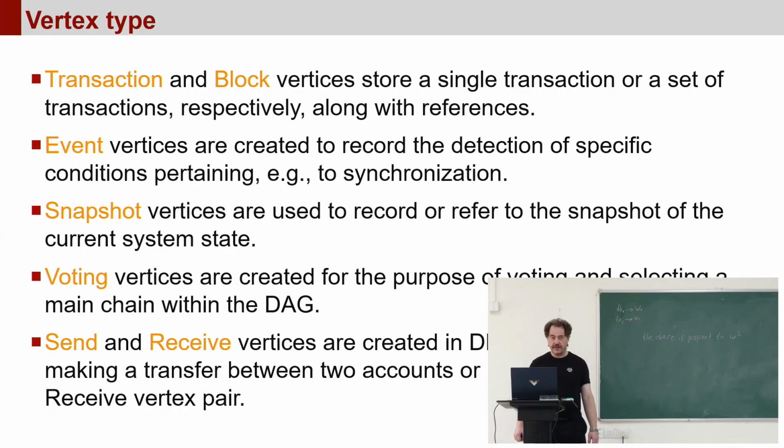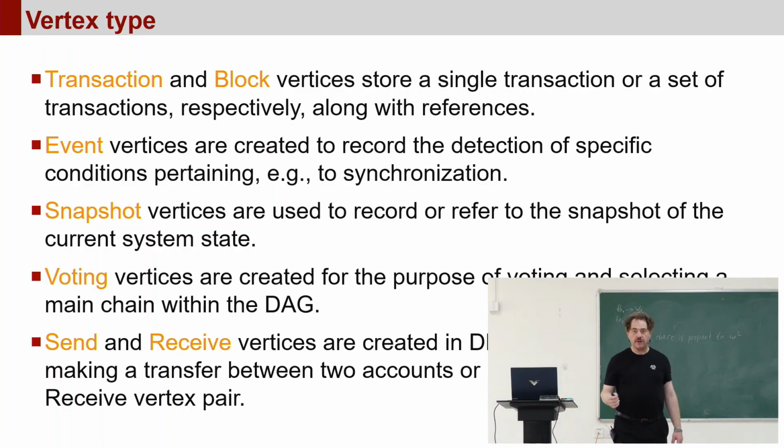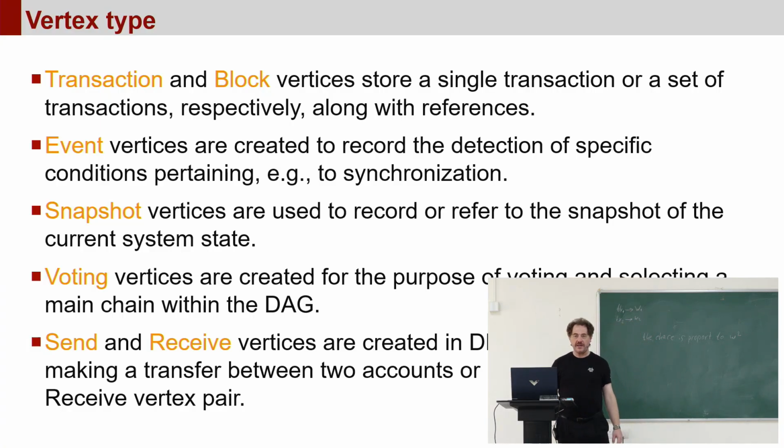Yet more systems use snapshot vertices to perform and record a snapshot of the current system state. Some DAGs use voting vertices. Sometimes the consensus algorithm itself creates special vertices, which record the instance of voting, say by a majority or by a number of nodes.